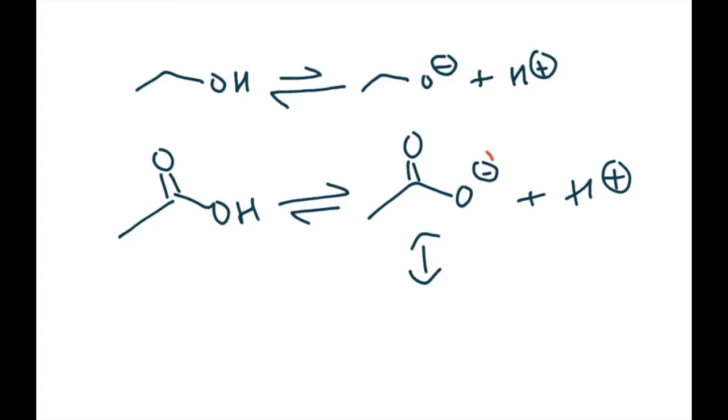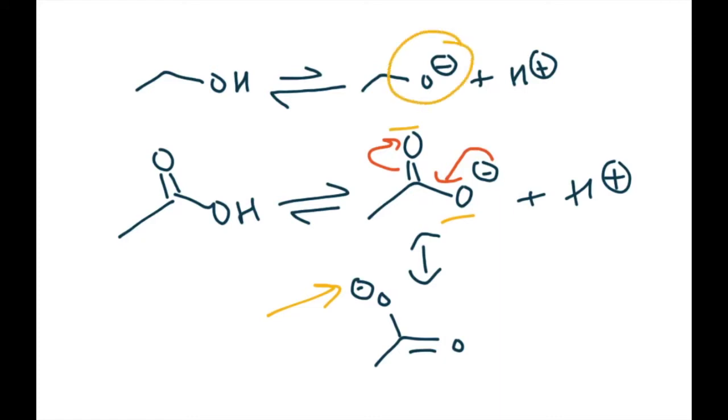I'm able to move that negative charge to the other oxygen, making O minus like this. So this negative charge is spread out across two oxygens instead of being stuck on just one oxygen. That's why carboxylic acids are more acidic: the anion that you generate is more stable than, let's say, the anion you get from generating an alkoxide from an alcohol.